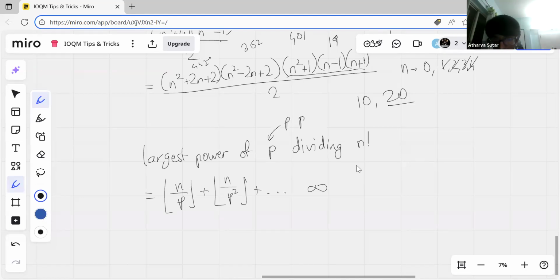It's a formula for the largest power of a prime dividing n factorial, which is floor of n by p plus floor of n by p squared and so on. Eventually this becomes zero, obviously.